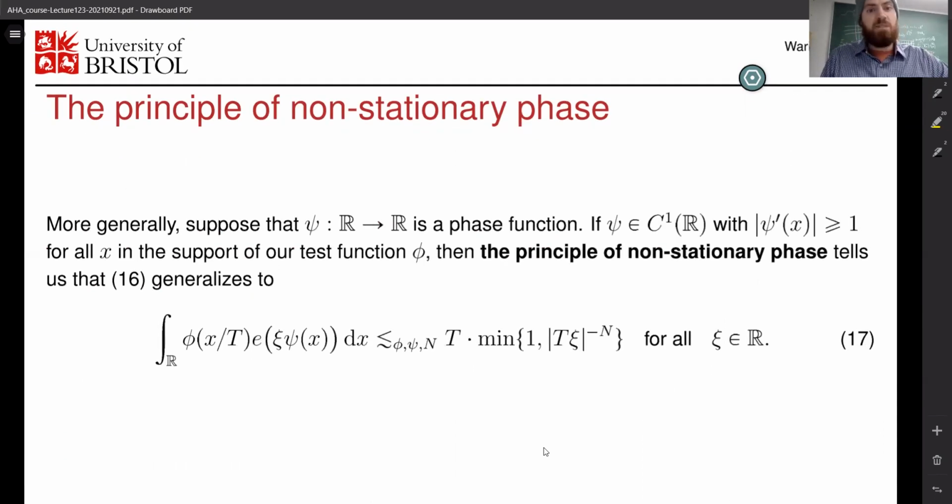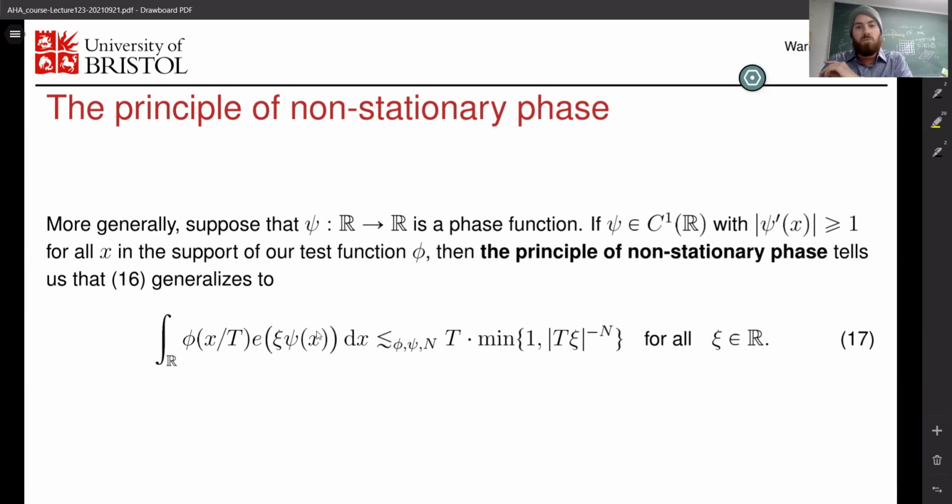Now, more generally, the principle of stationary phase tells us that if we have some phase function, psi, say it's C1, and the absolute value of its derivative is always at least 1, you just need it always bigger than some fixed constant, but rescaling allows you to do 1, then you integrate against your test function, and the principle of non-stationary phase now tells us that the previous bound actually extends to the same bound for any such psi.